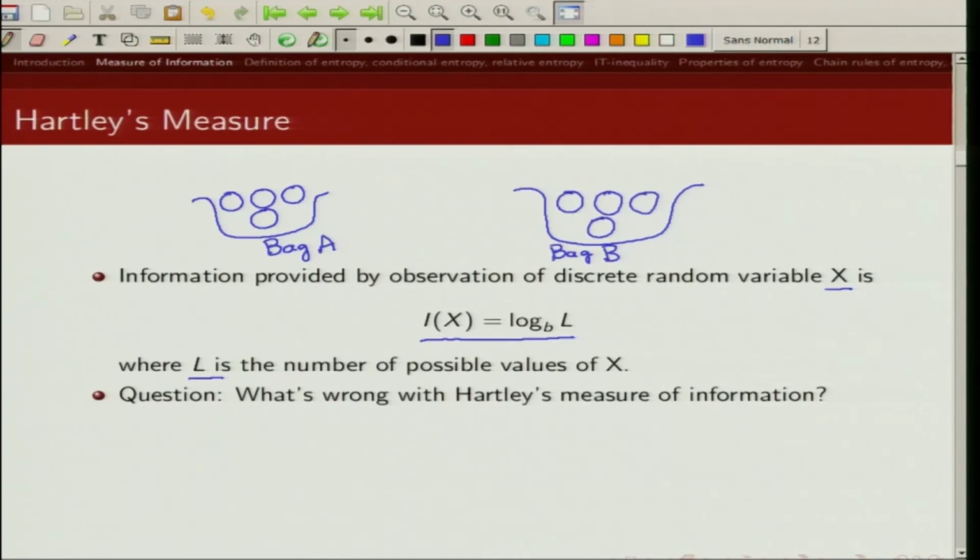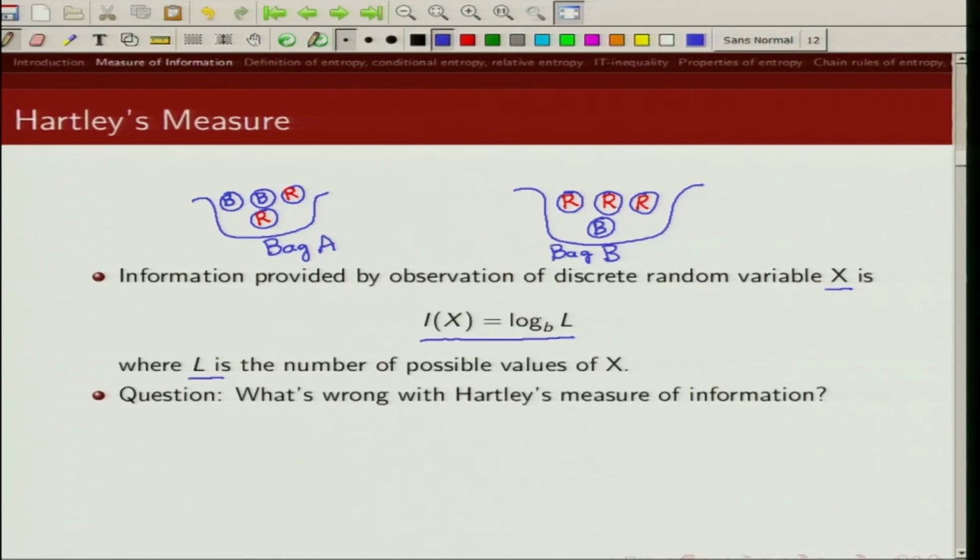In bag A, let's say 2 of the balls are of blue color and 2 of the balls are of red color, whereas in bag B, let's say there are 3 balls of red color and 1 ball of blue color.